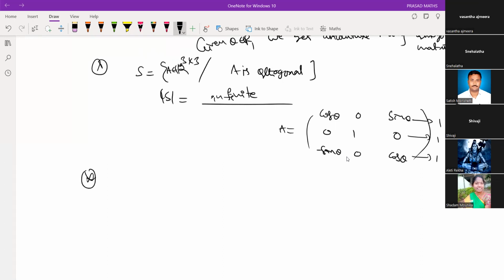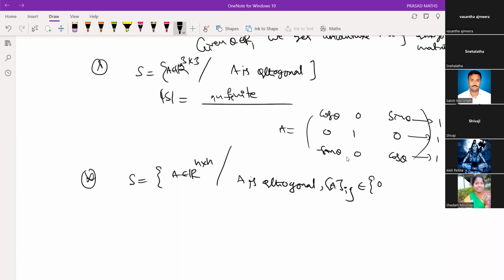Now, I can restrict my set to 2 cross 2 matrices or n cross n matrices, where A is orthogonal. I restrict my orthogonal matrices to those in which the entries are, suppose, 0 and 1.